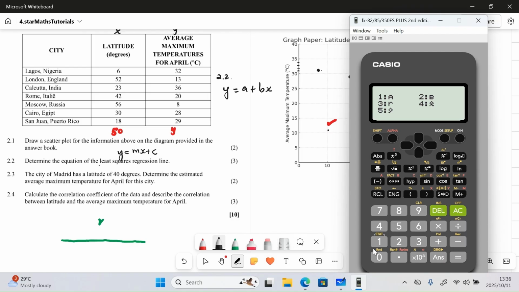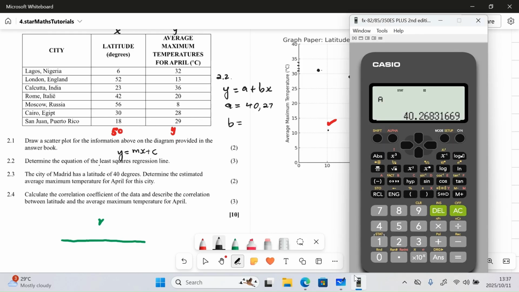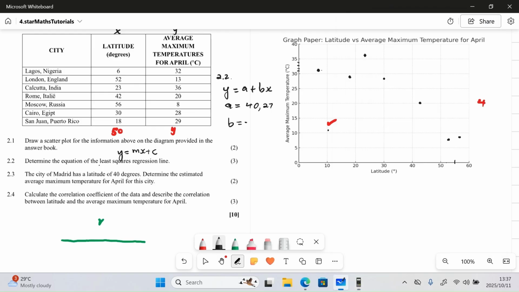The value of a is option number 1, and the value of a is 40,27. Then what about the value of b? Same thing, shift option number 1, stats, number 5, regression, then number 2. Then press equal sign. The gradient, in most cases, is a small number.